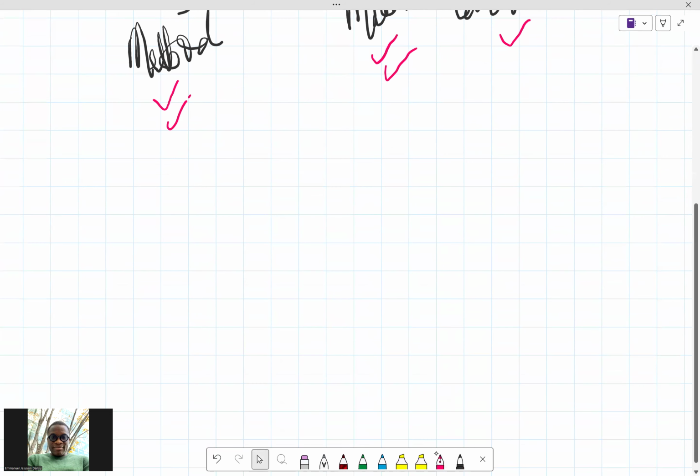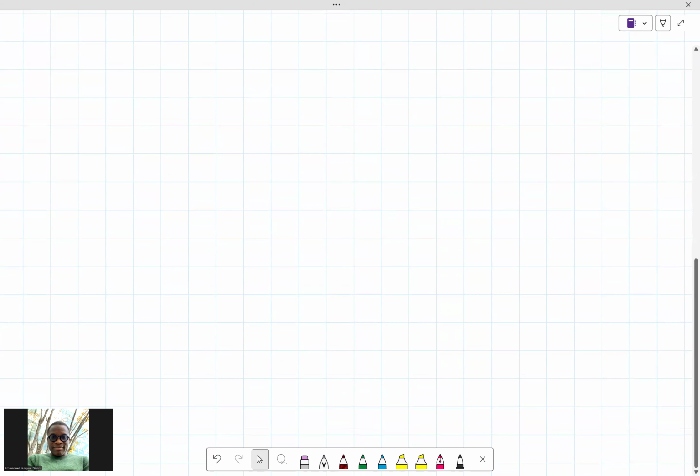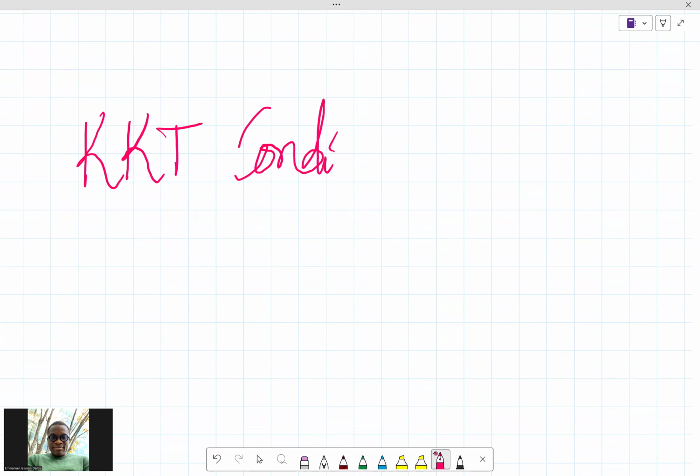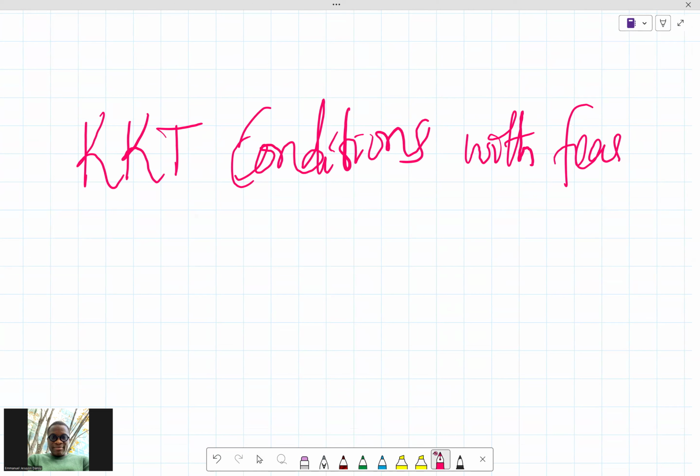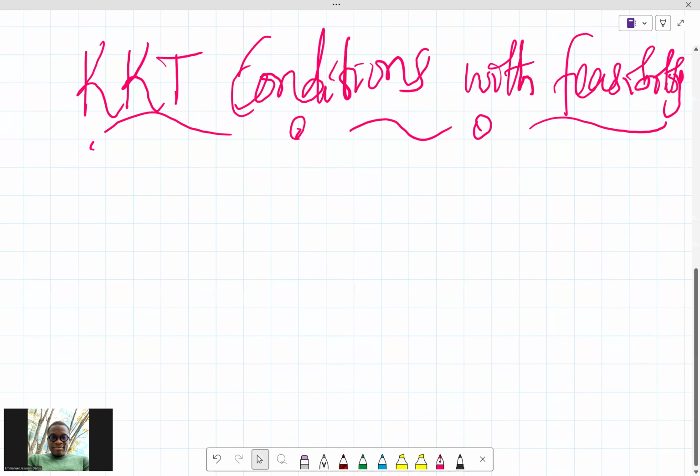Now, KKT conditions. Particularly the focus is on KKT conditions with feasibility. If there's a condition, the condition can be met or not. Here we are looking at the situation where the KKT conditions are met.